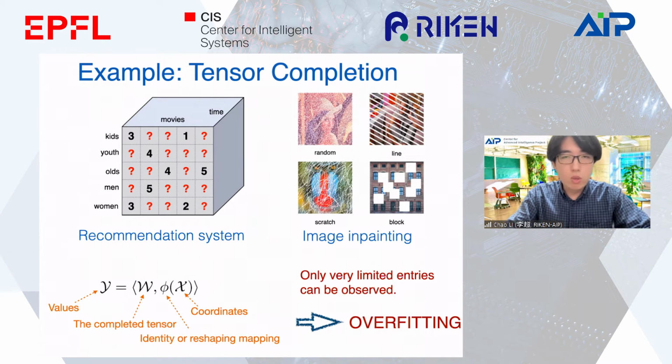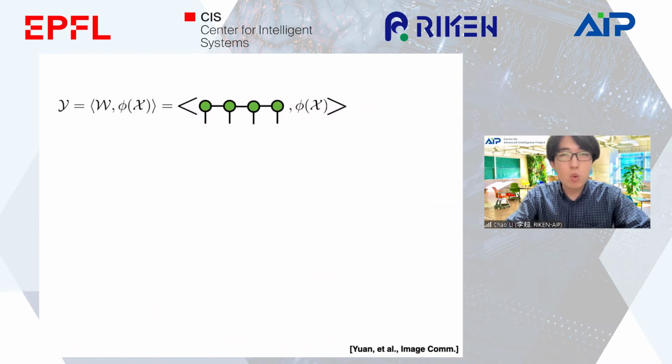So to resolve this problem, what we did by tensor network is just as what we have mentioned. The high-dimensional parameters will be replaced by a low-dimensional tensor network. Here we use a tensor train format corresponding to the path graph, for example.